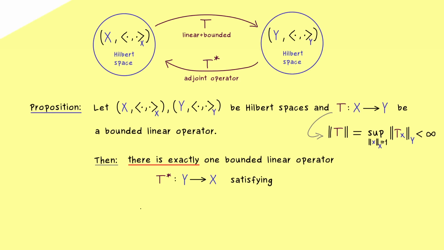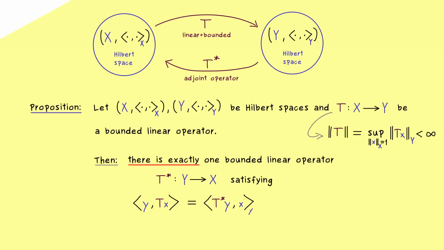And you might already know that it's just shifting the operator from one side in the inner product to the other side. So more concretely, here on the left hand side we have the inner product y with tx. And this should be the same as the inner product of t star applied to y with x.